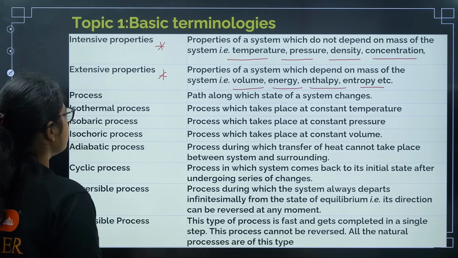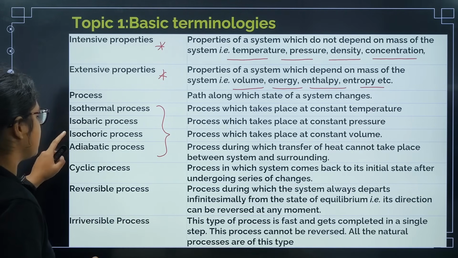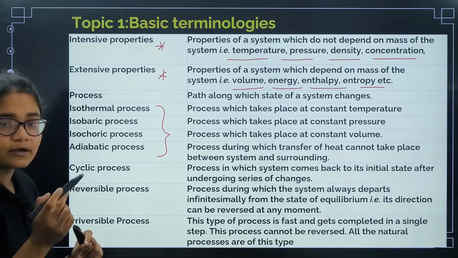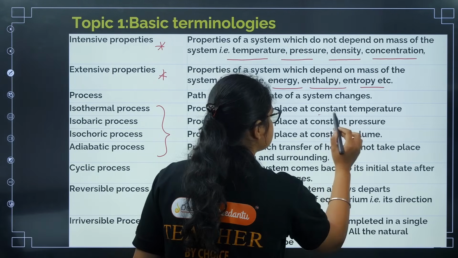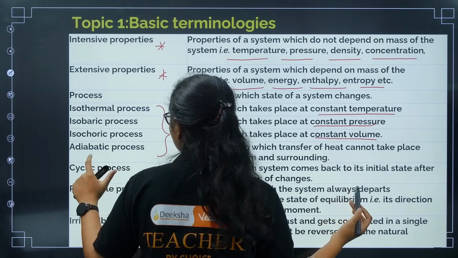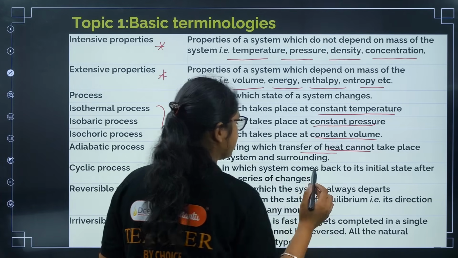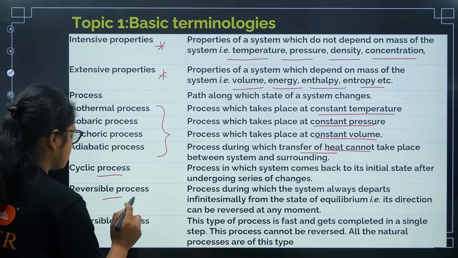Okay, now coming to here, these 3 are also important. Types of processes: isothermal, isobaric, isochoric, adiabatic. So you should know what is constant in which. In isothermal, temperature is constant, isobaric pressure is constant, isochoric volume is constant, adiabatic no transfer of heat. Now coming to cyclic process, reversible, irreversible.